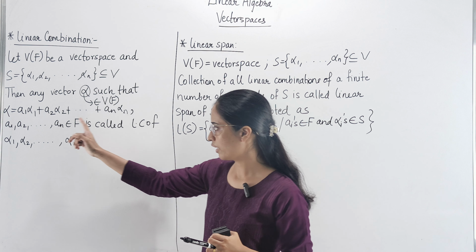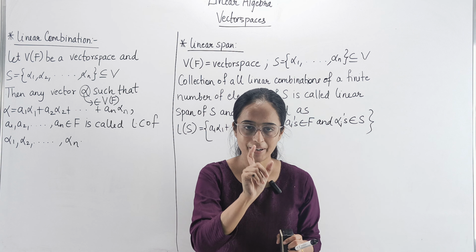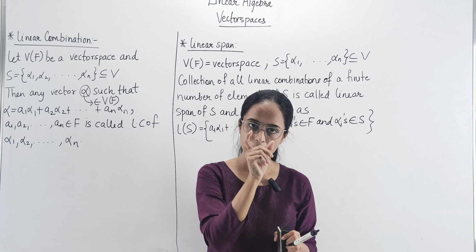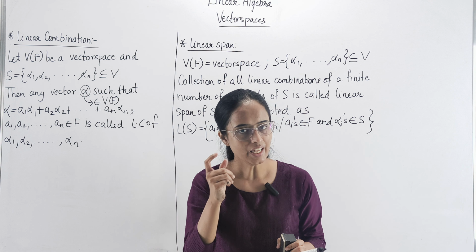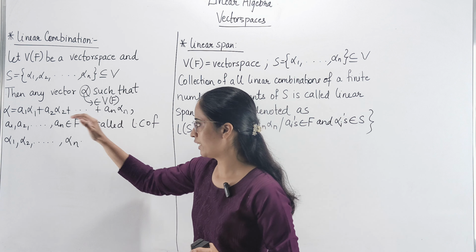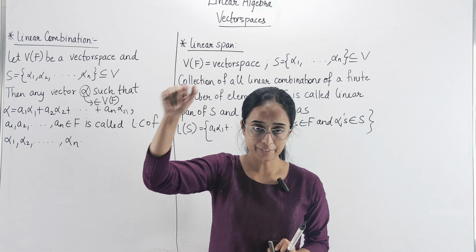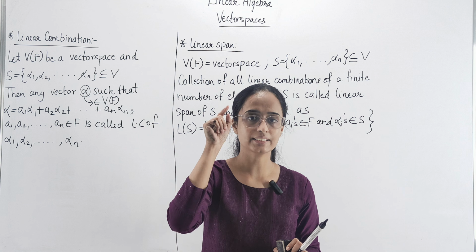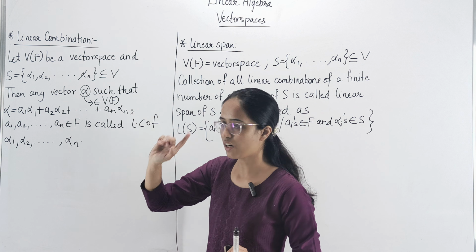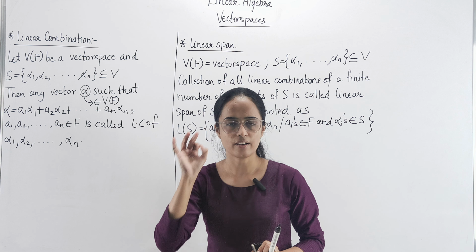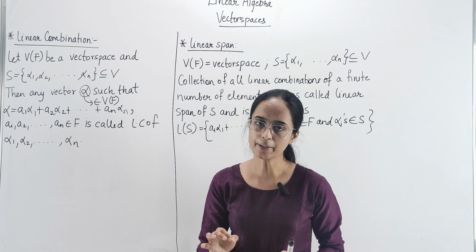The a i's are combined with alpha i's using the multiplication operation, and then each a i alpha i term is combined with the other a i alpha i terms using the addition operation. So the resultant that you get is a linear combination of the vectors alpha i's as well as the scalars that belong to the field F. And clearly there are no powers involved; the powers of both a i's and alpha i's are one. That is why we call it a linear combination.